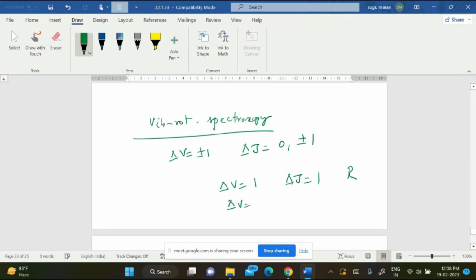Delta V equal to 1 and delta J equal to minus 1 gives the P branch. Delta V equal to 1 and delta J equal to 0 is the Q branch. Generally, the R and P branches are called the parallel bands, and the Q branch is called the perpendicular band.